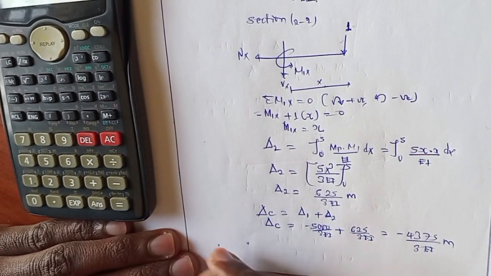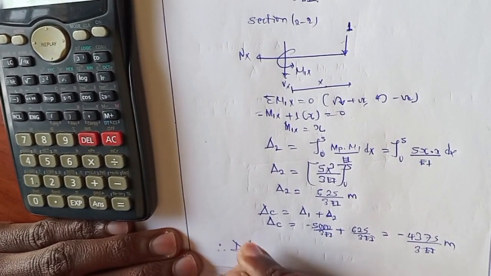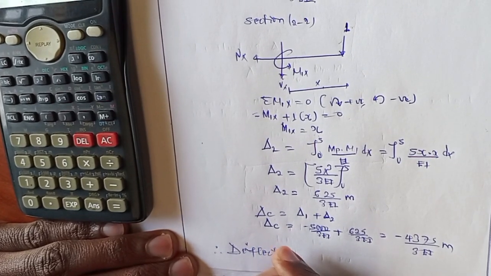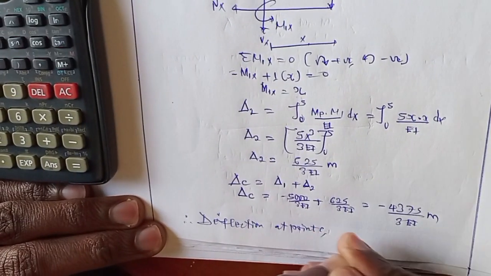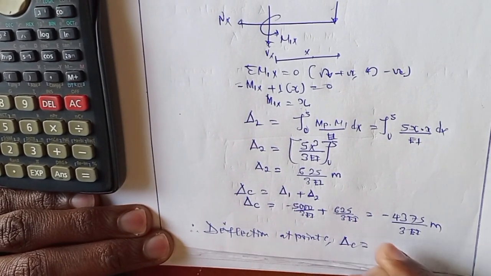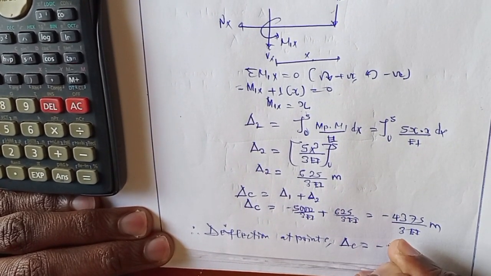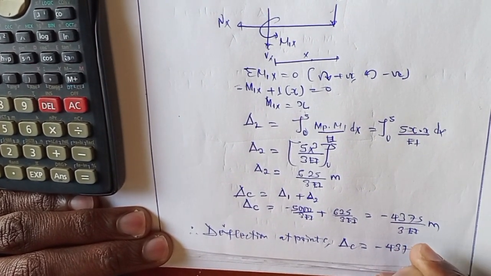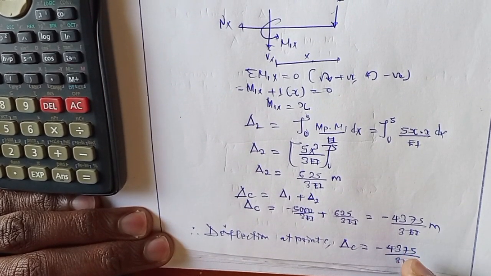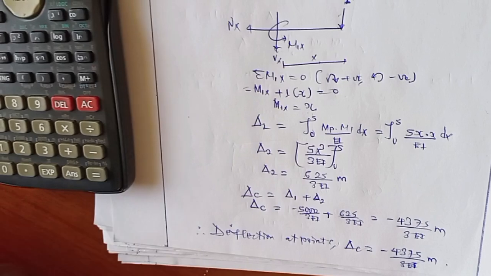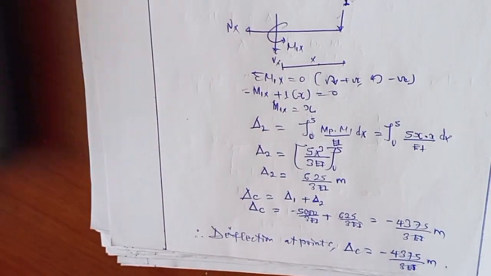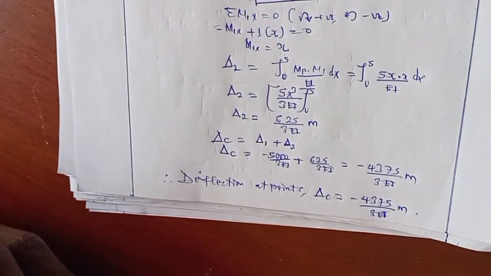Therefore, deflection at point C is equal to negative 4375 over 3EI meter. Now, this is our final answer.